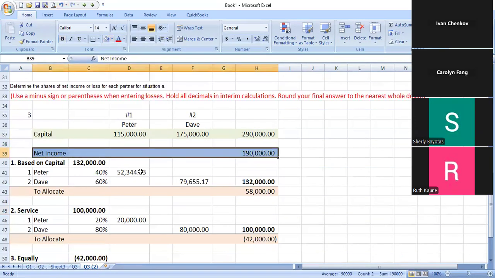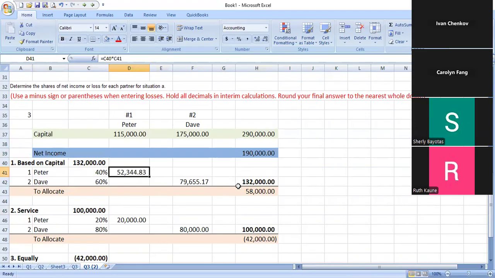So what do I have to do? Once I first do the first allocation of 132 based on their capital, they're gonna get 132. The remaining to allocate is only 58. Do I have to give them 100,000 for service? What do you think?